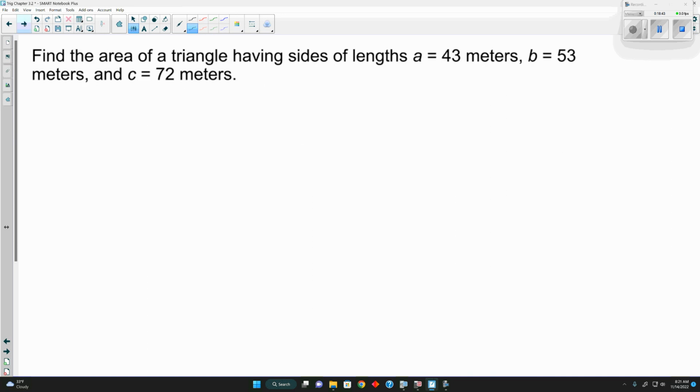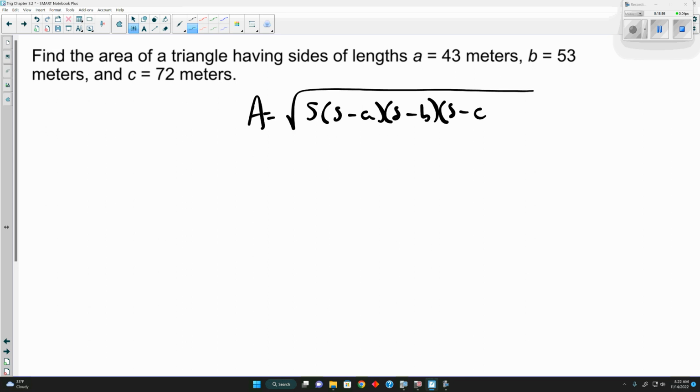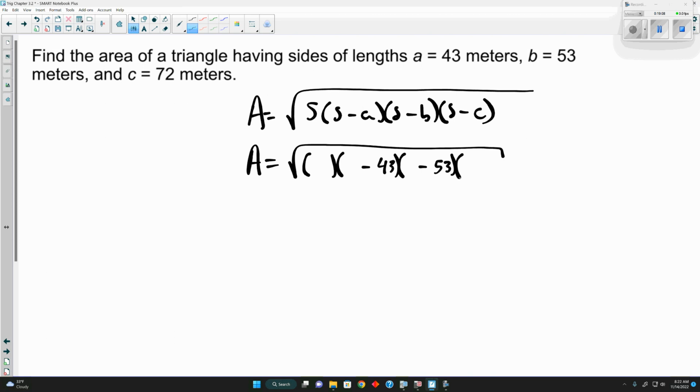So if we look at this first one here, they told us the side lengths are 43, 53, and 72. So to find the area, which is the square root of S times S minus A times S minus B times S minus C, we don't have what S is, but we do have A is 43, B is 53, and C is 72.